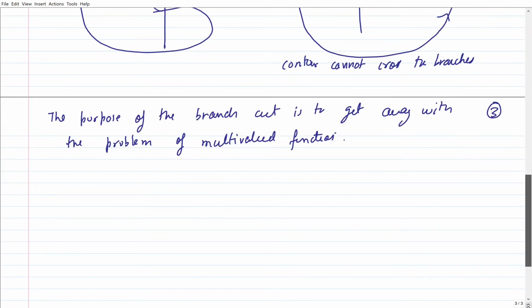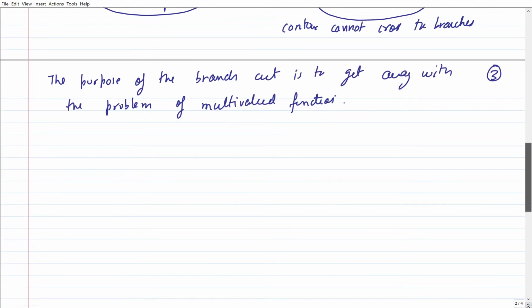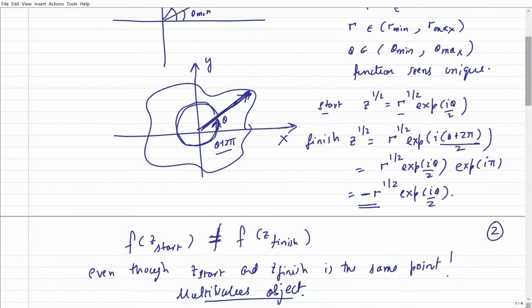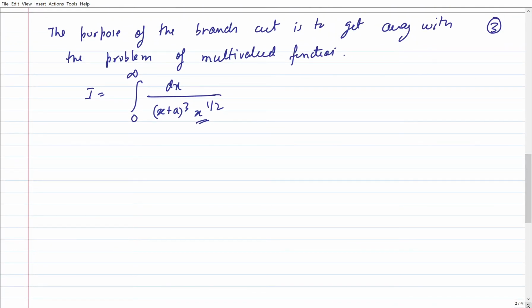So, as an example of the application of branch cut, let us consider the following integral. Now, the minute you see fractional powers, we had this z to the power half, you know that there might be a problem of this multi-valuedness of the function.